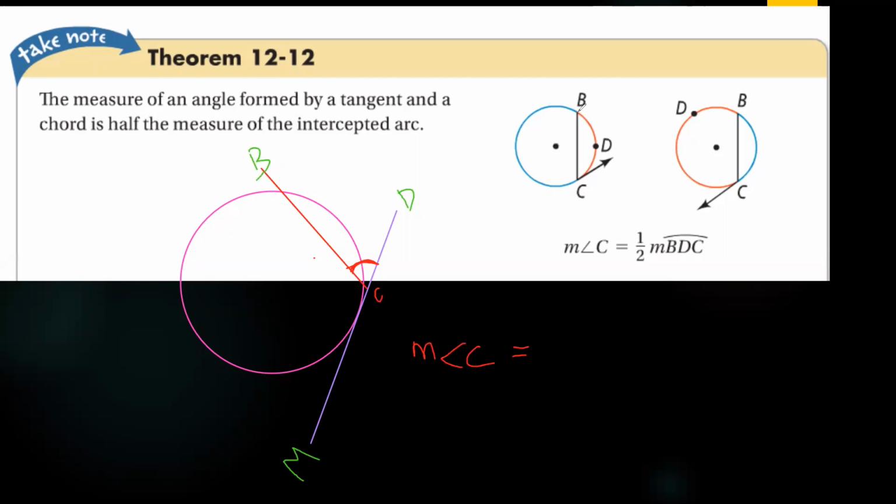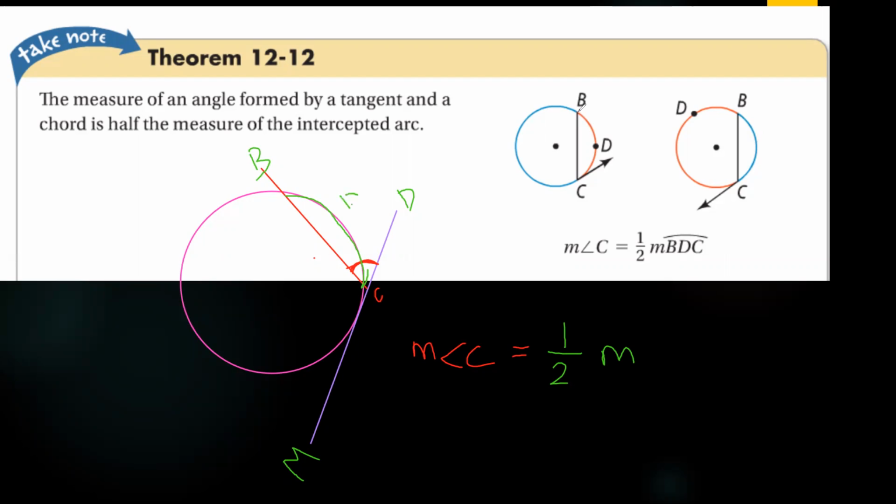Then the angle between the chord BC and the tangent BD, we call it C. The measure of the angle C is half the measure of the arc BC.